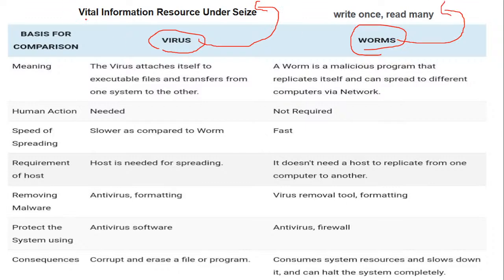Virus refers to vital information resource under seize, whereas worm is write once, read many. This was also one of the previous year questions. When we talk about the meaning of virus, the virus attaches itself to executable files and transfers from one system to another system.